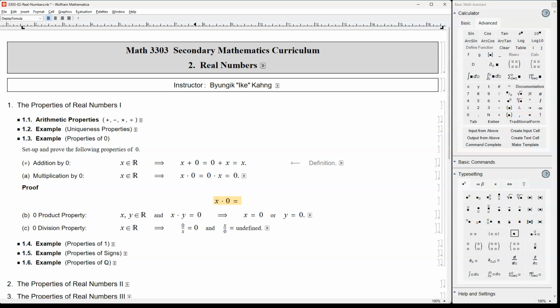So x times 0 is, let's write like this. And that's because of what property? 0 is the additive identity. That's why this thing holds.